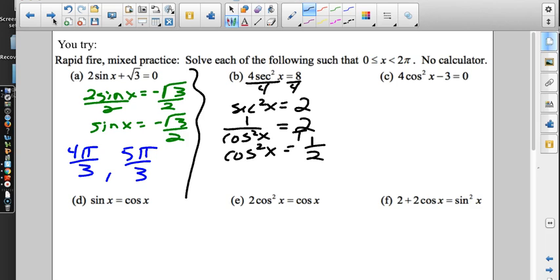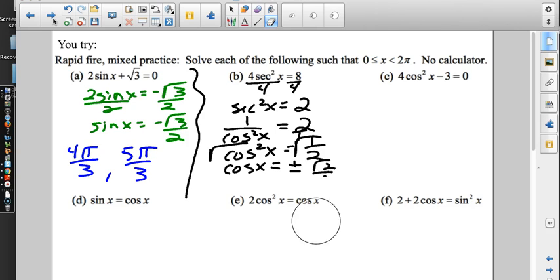It says cosine squared. How are we going to get rid of that? Square root. Hey, if we write square root down, don't we have to put plus or minus? And that'll be square root of 2 over 2.